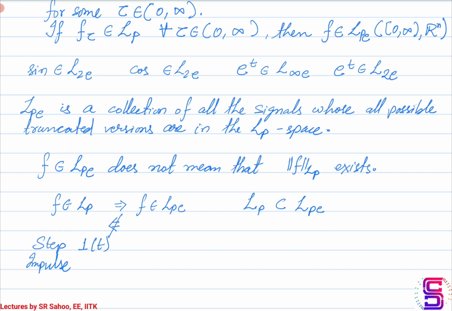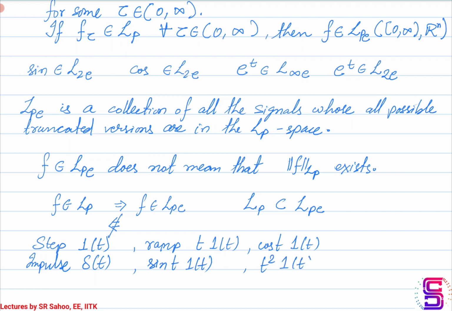We have the impulse, the unit ramp, which is t·1(t), sine t·1(t), cos t·1(t), and t squared·1(t). Of course, the unit step signal 1(t) is defined as 1 for t greater than or equal to 0, and 0 for t less than 0.